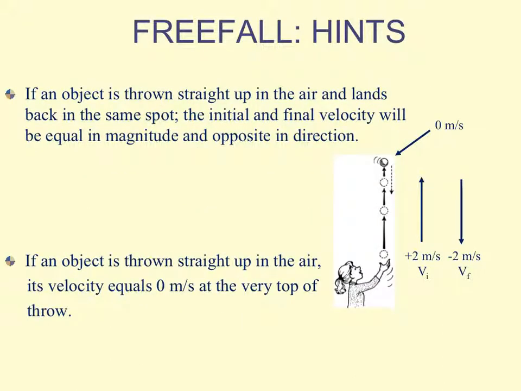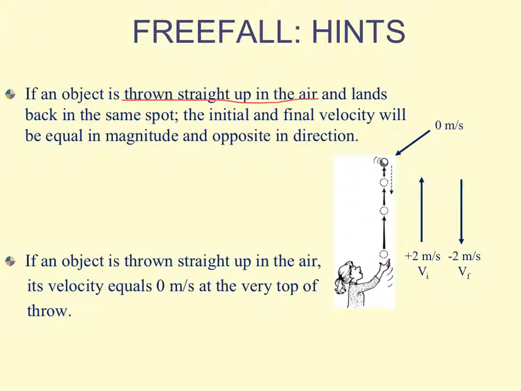A couple hints that we can take from free fall problems: first of all, if you look up here, if an object is thrown straight up into the air and then lands back in the same spot, we can assume that the initial and final velocity will end up being equal in magnitude but opposite in direction.